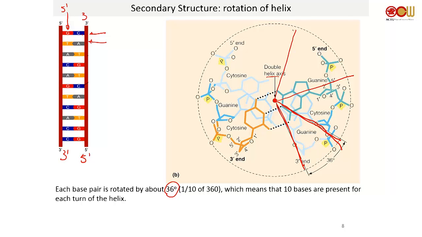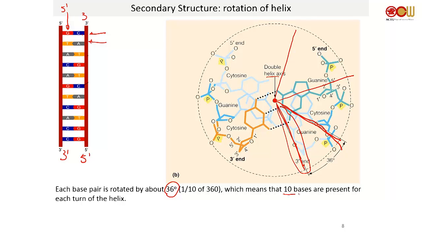After 10 bases, it comes back to this particular position. Again, the actual scenario is a little bit off, but for now, take my word for it: roughly speaking, 10 bases give you a complete turn.